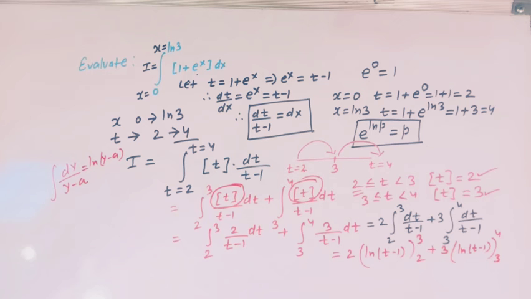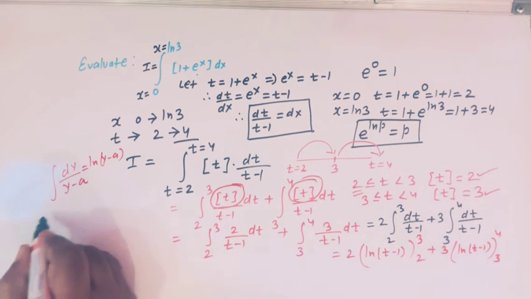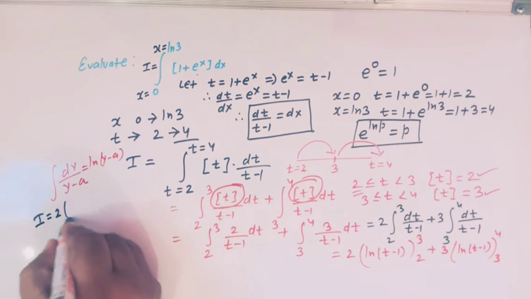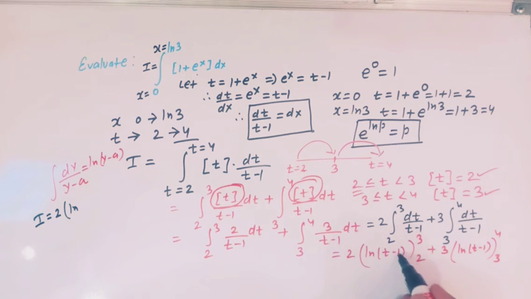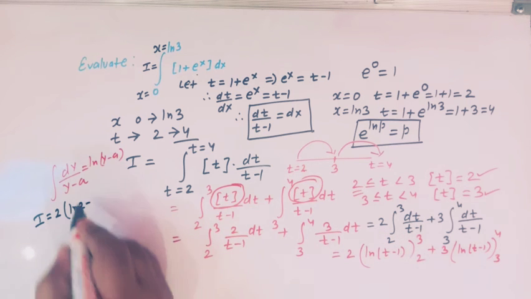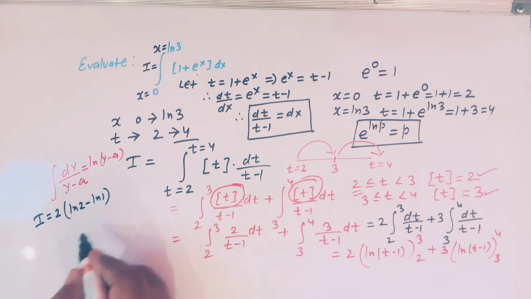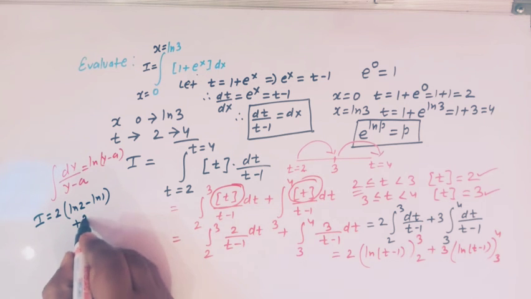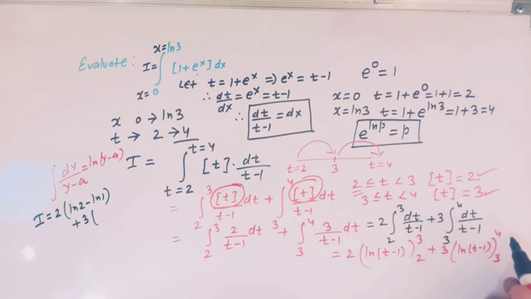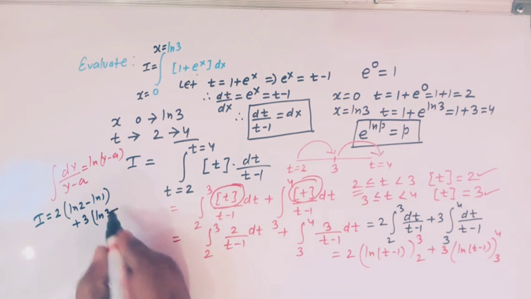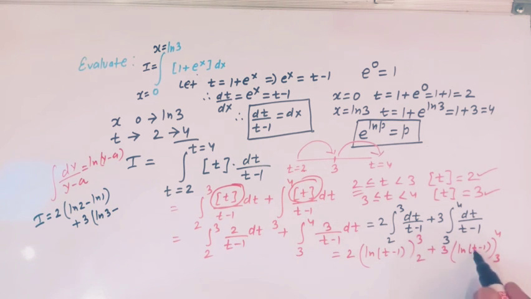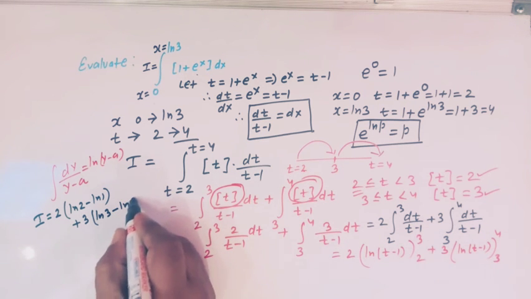Now we simply substitute the limits and take the difference. So I is equal to 2 times, log of 3 minus 1, that is log 2, minus, for t equal to 2, 2 minus 1, that is 1, so log of 1. Then plus 3 times, for t equal to 4, 4 minus 1 is log of 3, minus, for t equal to 3, 3 minus 1 is log of 2.